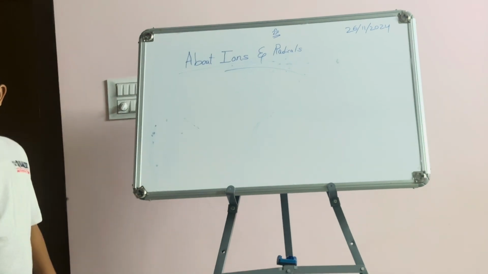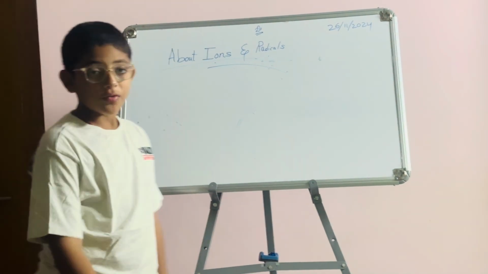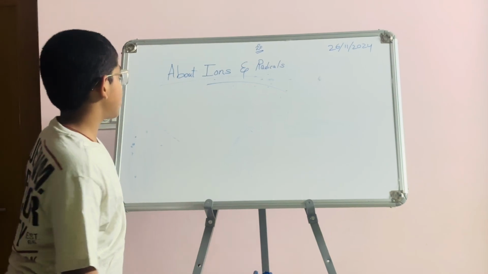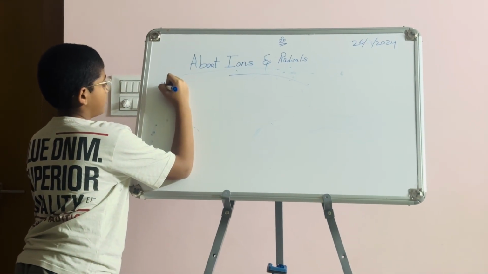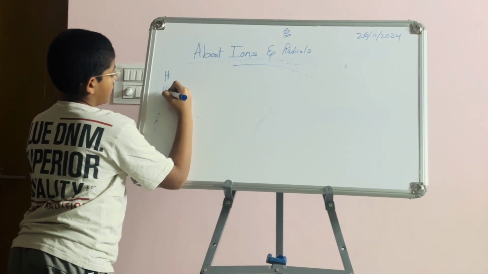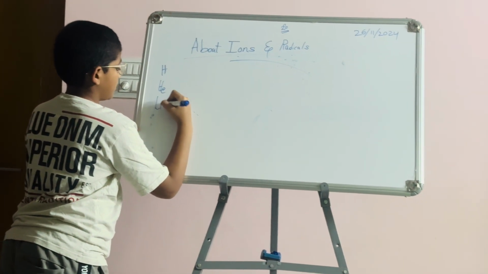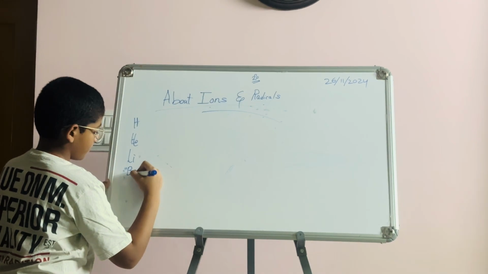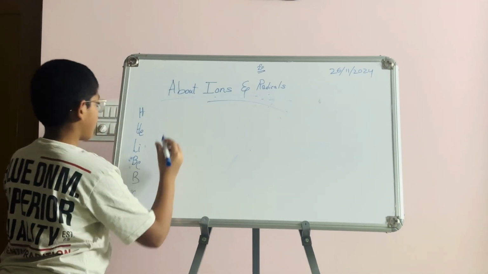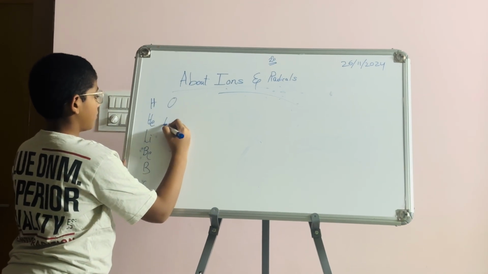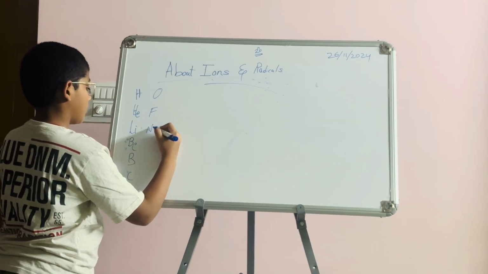First of all, let's see the first 20 elements. What are they? Hydrogen, H, helium, lithium, beryllium, boron, carbon, nitrogen, oxygen, fluorine, neon.